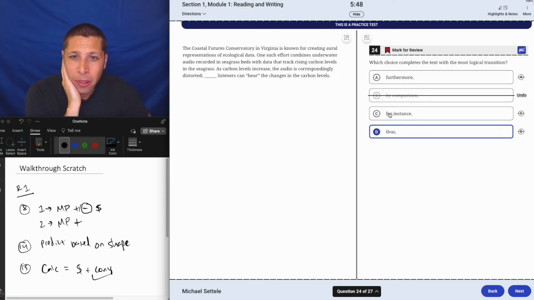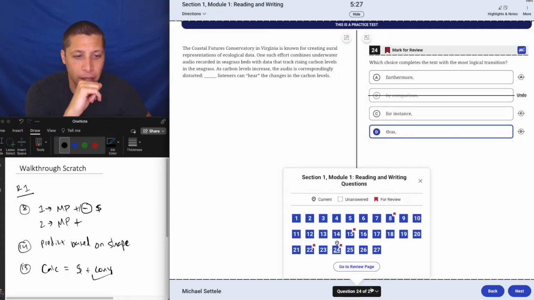For example, an example of what? It's not an example of the audio being distorted. It's just another way of thinking about it. It's another description of the same thing. It's explaining how the distortion works. If I'm going to get anything wrong in this section, it's going to be this one. But I'm pretty sure that's right.